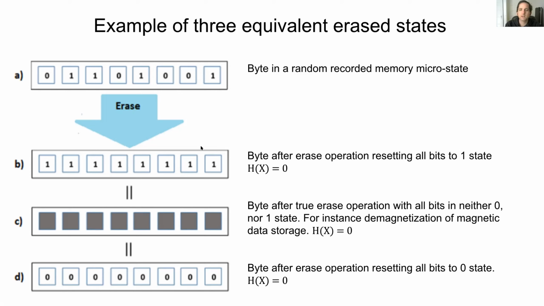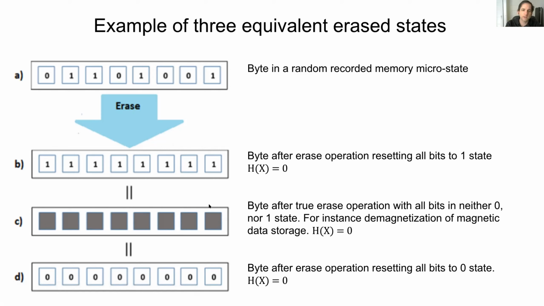But the point is, this example is important because these are not functionally equivalent, but in terms of the resulting entropy, they are equivalent. So no matter how you're storing the information, if you are to erase that information, then the change of entropy is the same.